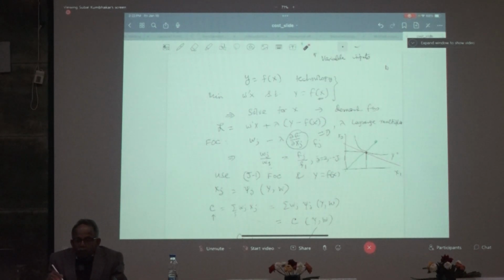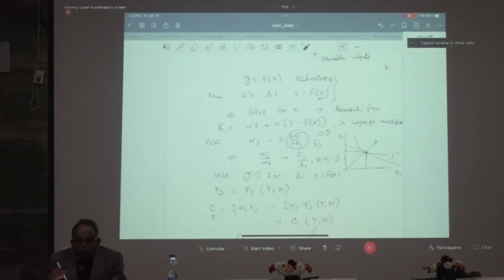That means you have two inputs, x2 and x1, and this is the isoquant. Okay. So instead of the production function, we said, well, if you set y at a particular level, then it's a function of only x, and then you have two x's, x2 and x1. So you can have the isoquant, which is associated with a particular level of output, right? If output goes up, then again your isoquant will move, okay?